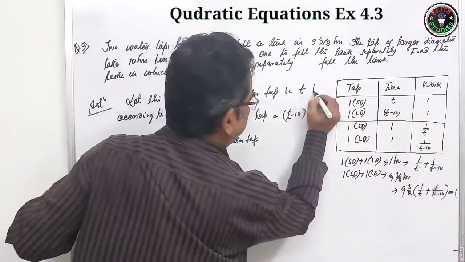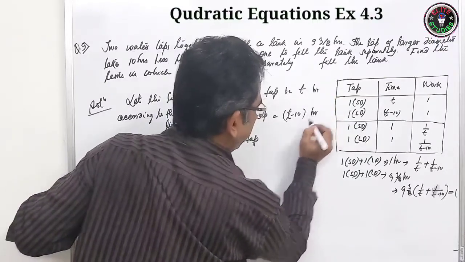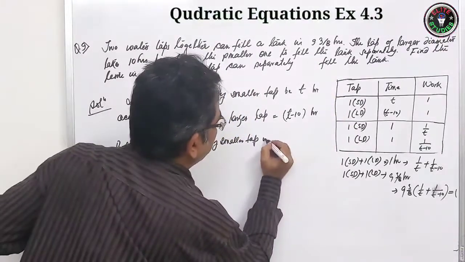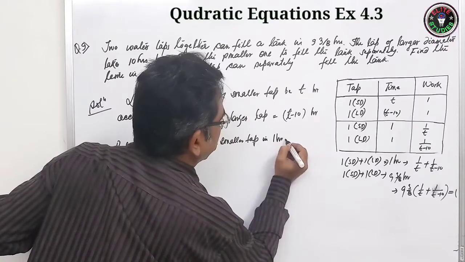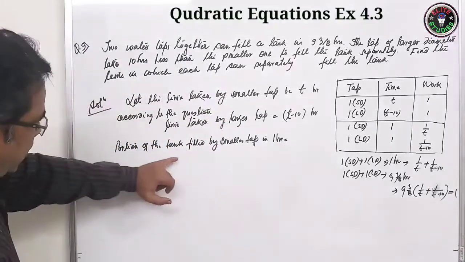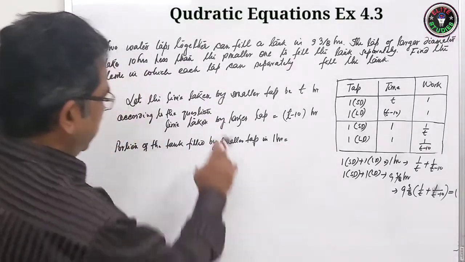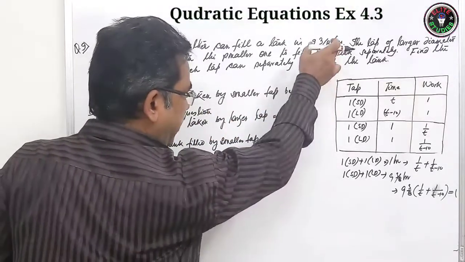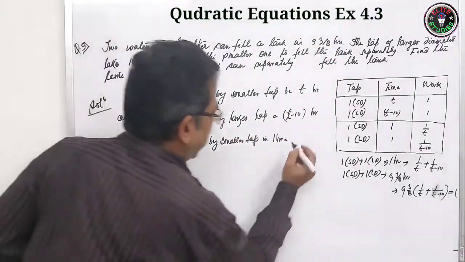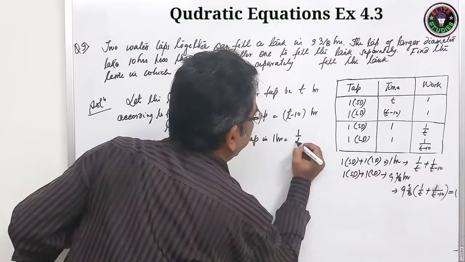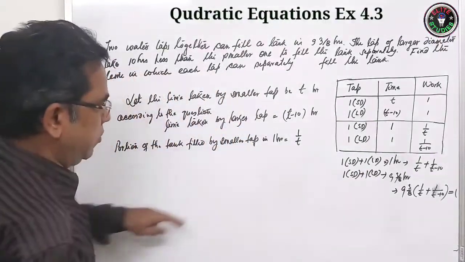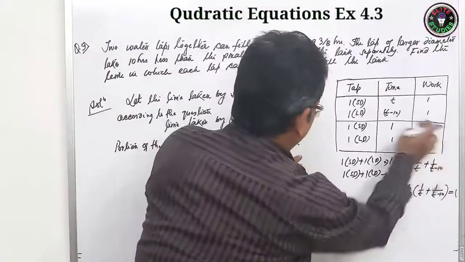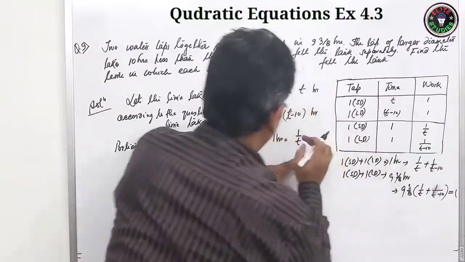It is T, you can write T. In 1 hour will be equal to portion of the tank filled by smaller tap in 1 hour. Time taken by the smaller tap is T hours, means in T hours it is completing the whole tank. So in 1 hour he will do 1 by T work.